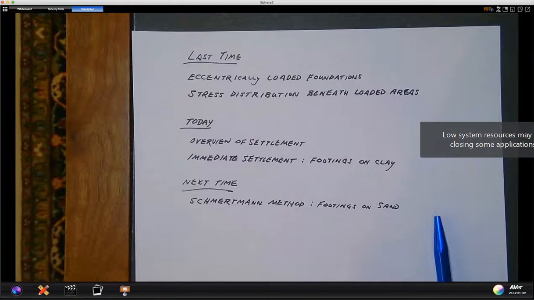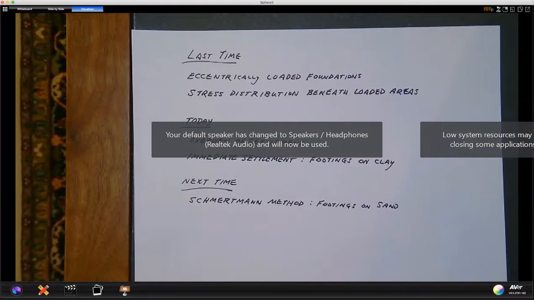Of foundations, it is quite efficient from that standpoint.